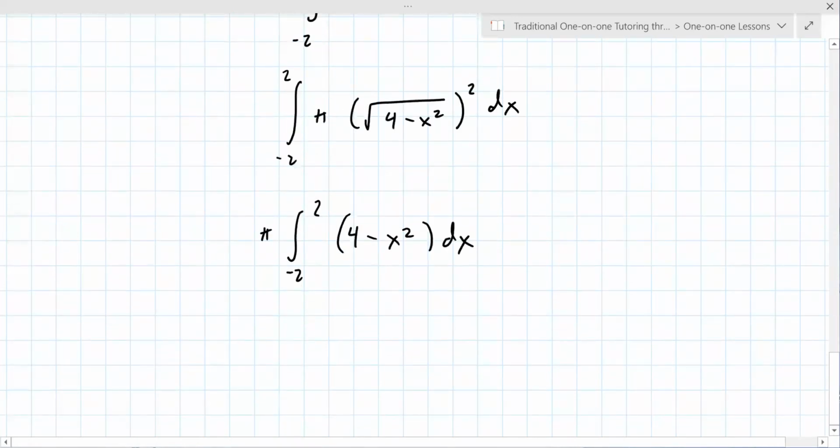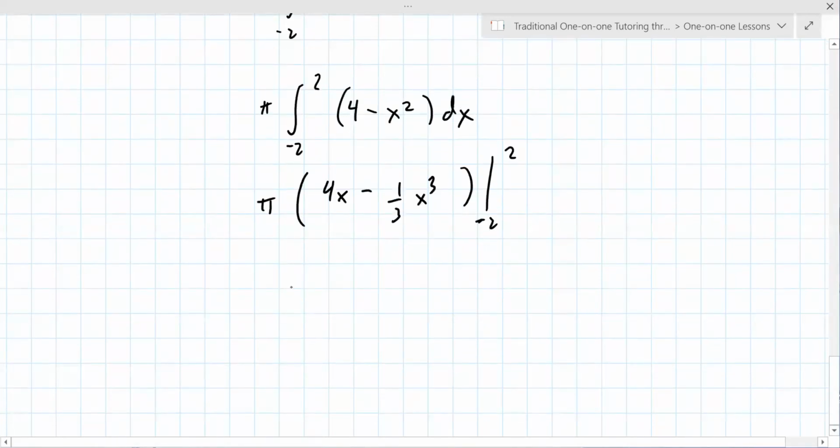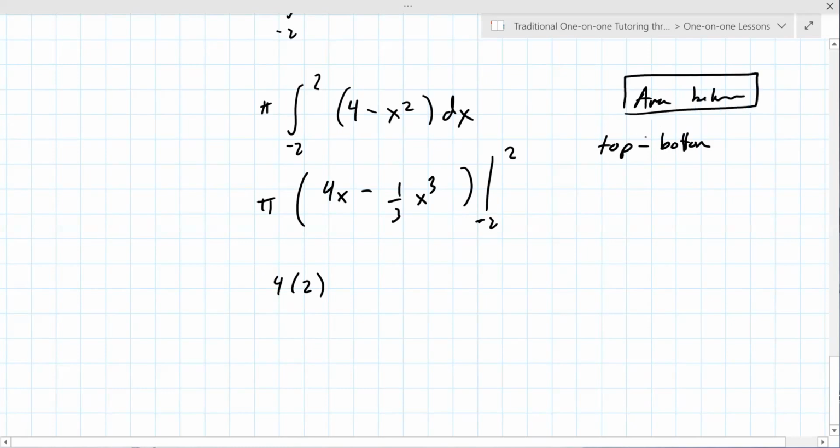So that's 4x minus x cubed over 3, times pi, from -2 to 2. That's 4 times... wait, it's the bottom minus the top. So top minus bottom. Yeah, it's just like when you're finding area between curves. When you do area between curves, it's always the top function minus the bottom function.